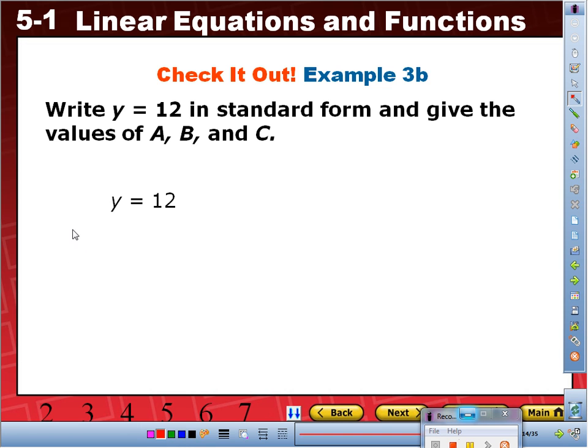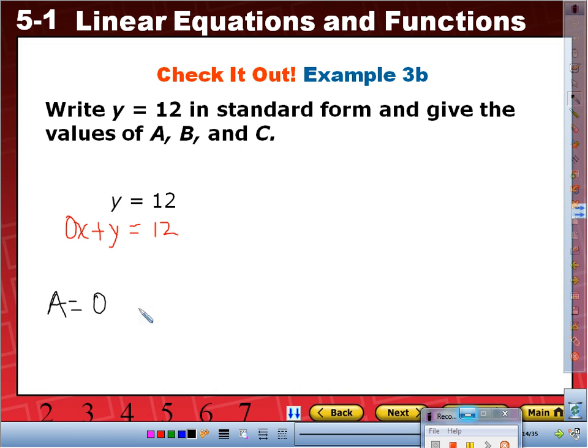Okay, so he said he added 0x to y, so 0x plus y, that is equal to what? 12. Okay, hands if you got that. Okay, so therefore, what is your A? 0. B? And C?